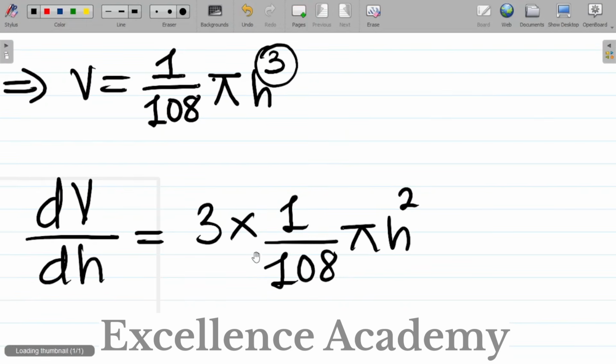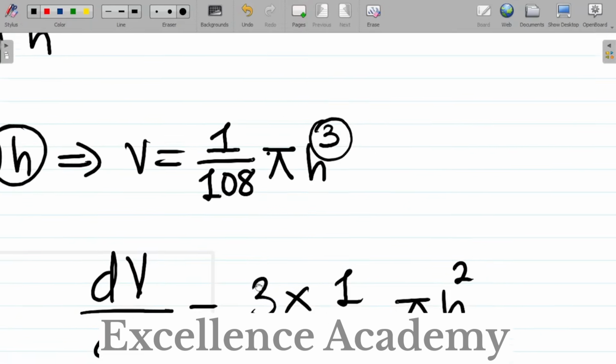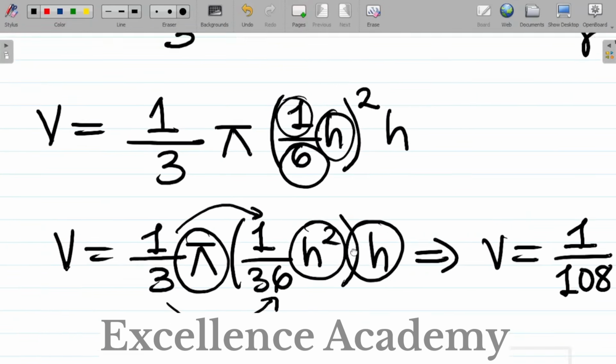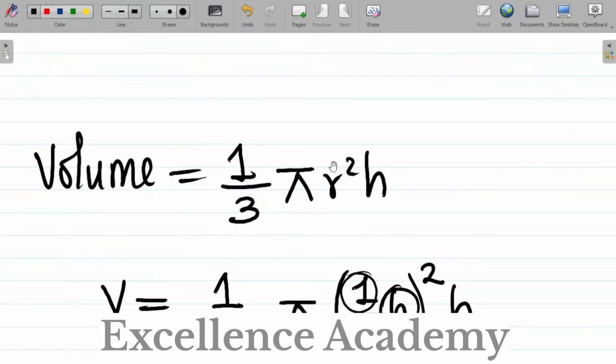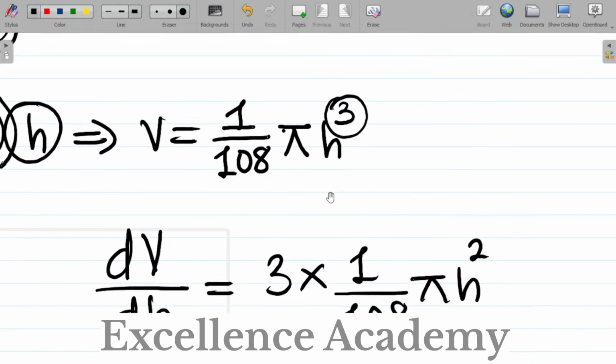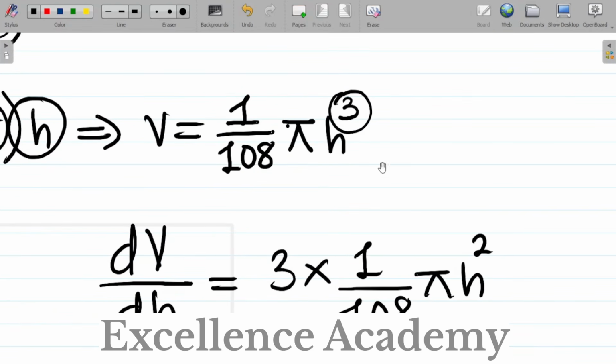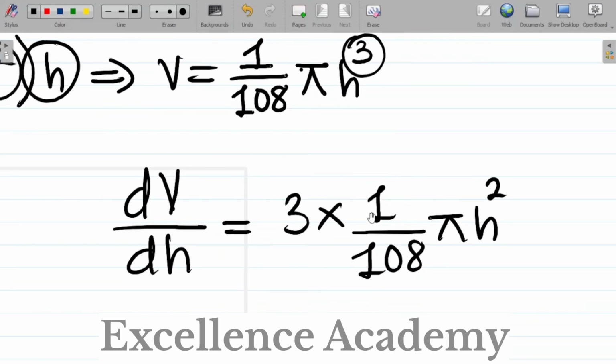Okay, now let's go back a bit. From our formula, we can see that v, volume here, had an r, but we said earlier that we need the value of dv over dh. So what we have to do is to express r in terms of h, which we did, and we got this as the value. The next thing we want to do is to differentiate v with respect to h, and you have this one here.